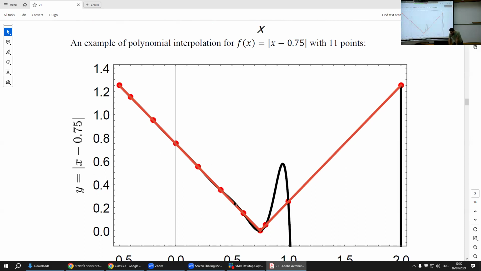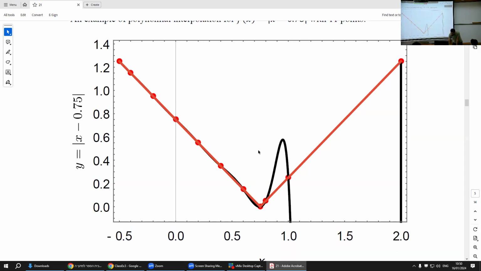Of course, the black line does not lie exactly on the red line, and here we have the oscillations because we told the computer to cancel out each of the high order exponents or powers here. So here we have the oscillations, and this is a big oscillation, as you see. So that's a problem in this interpolation.